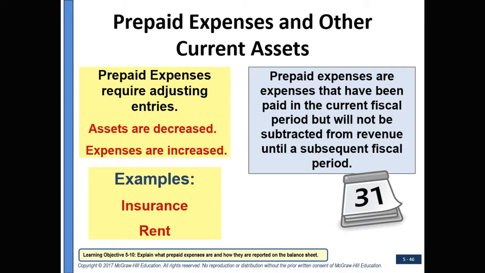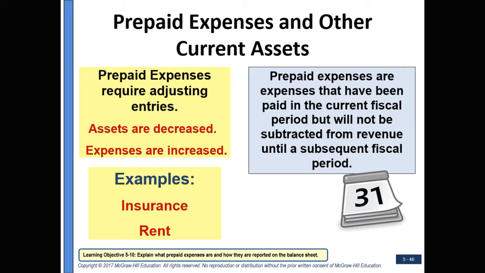So we pay for a 1-year insurance policy on January 1st. That policy is covering us for a year. Although we laid out $1,200 in cash, it does not all apply to the month of January. It applies to January, February, March, April, so on and so forth.